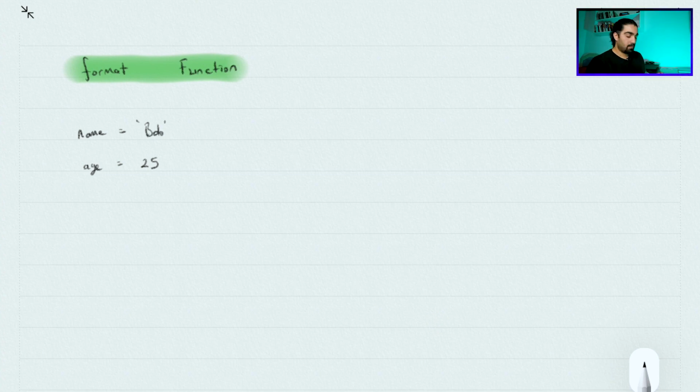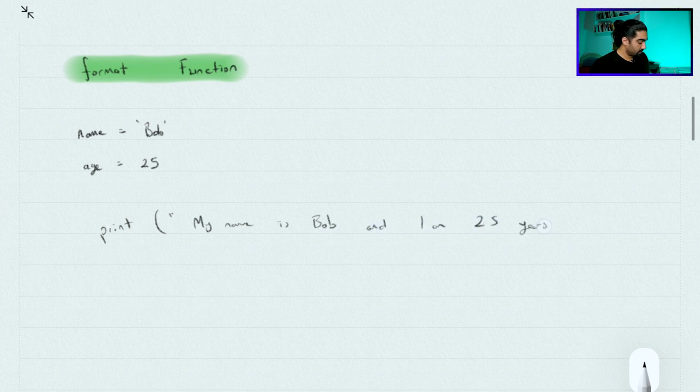So I'm going to type the same thing again. Let's say print, my name is Bob and I am 25 years old. All right. But here, instead of using the plus operator to concatenate my strings, I will use the format function.